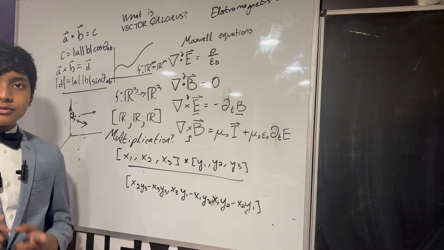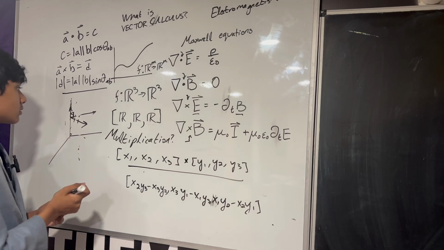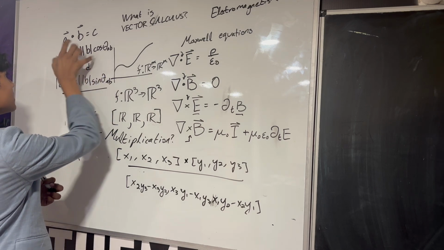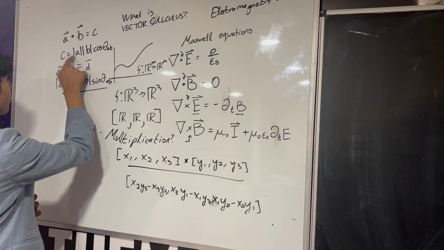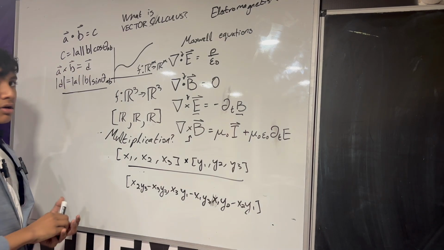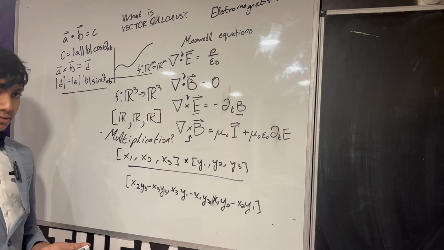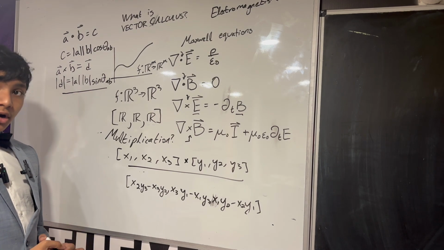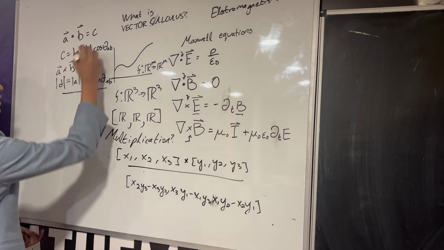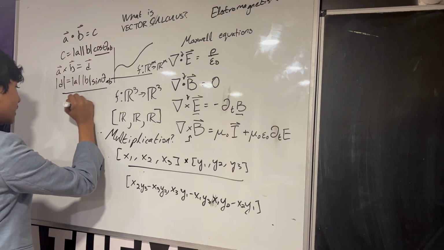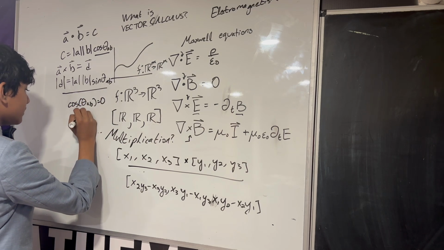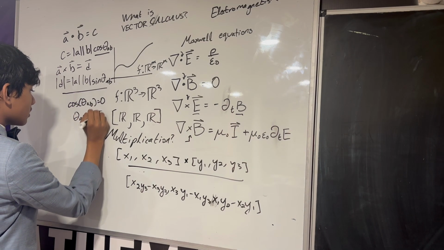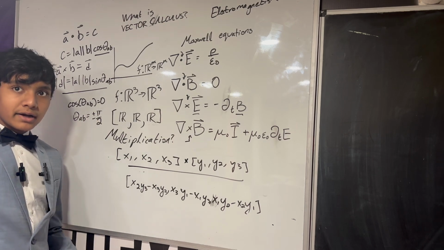Now, I want you to ask yourself for a minute, when is the dot product of two vectors equal to 0? Well, either one of their magnitudes is equal to 0, which means one of them is a 0 vector, which is not very useful, so we disregard that. But the other case is when cosine is equal to 0. And when is cosine of something equal to 0? Well, either when it's positive pi over 2 or negative pi over 2.